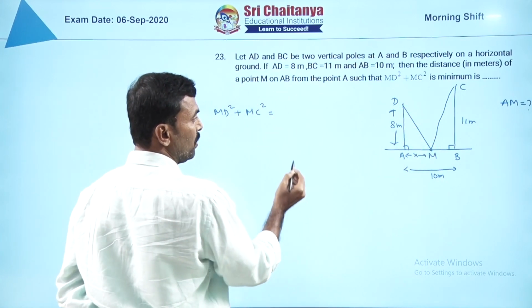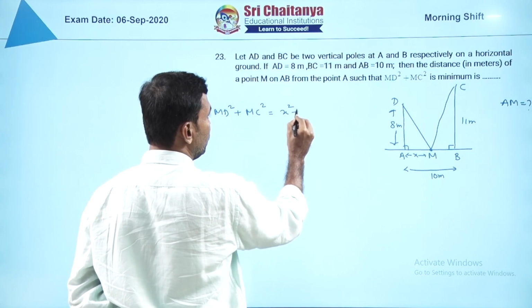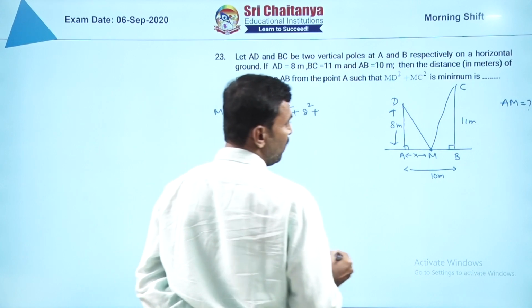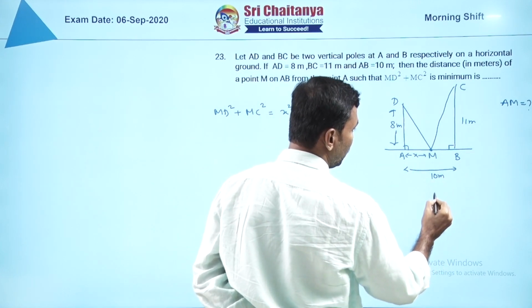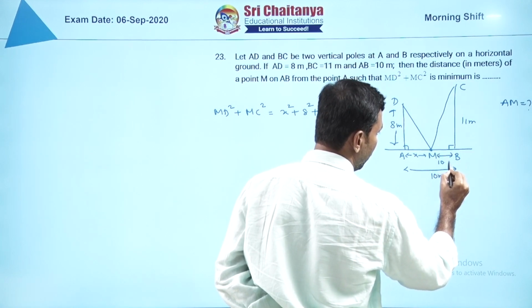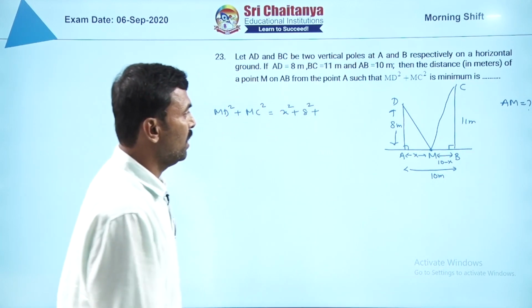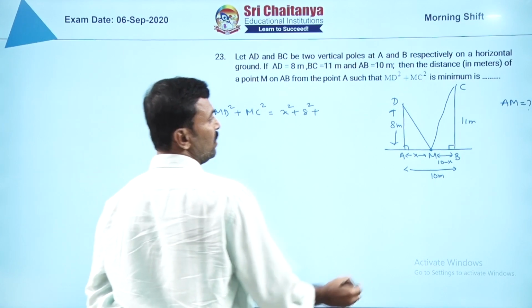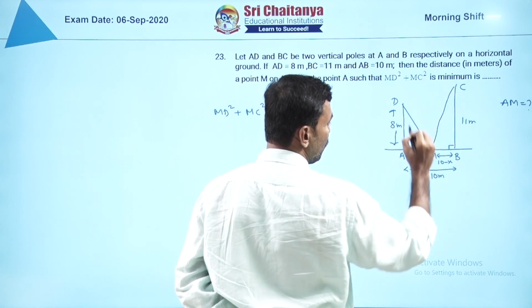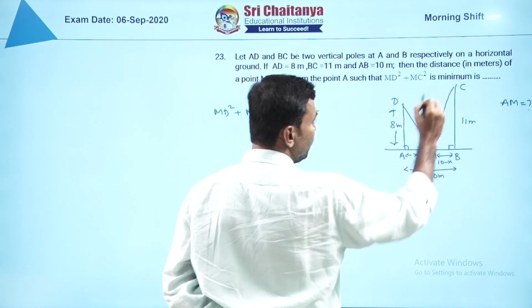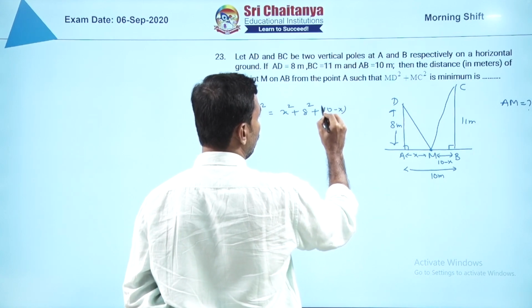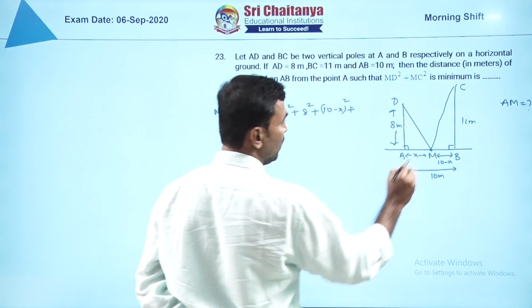Therefore, by Pythagoras theorem, it is x square plus 8 square plus MC square. When AM is x, this total is 10, therefore, this MB is 10 minus x. So, MC square again by Pythagoras theorem, MC square is equal to MB square plus BC square, that is 10 minus x whole square plus 11 square.